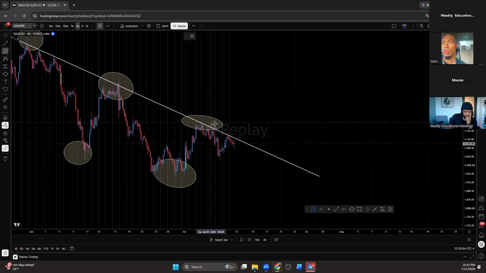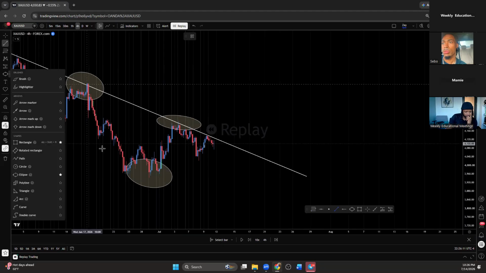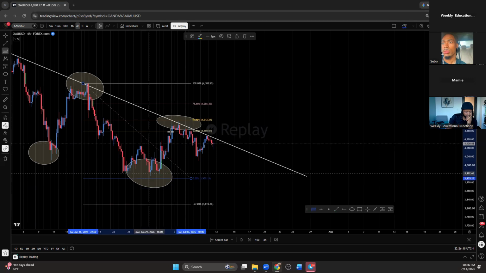So as soon as that retracement happens, if we're looking to catch a sale, we need the market to retrace. So let's just start this fib again. We need the market to retrace and give us what we're looking for.